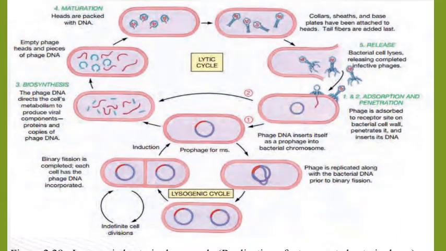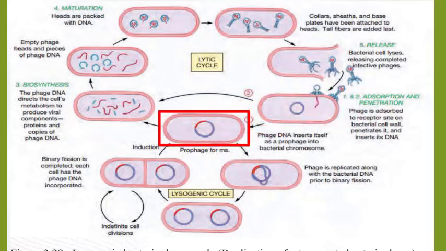As we can see from the diagram, in a lysogenic cycle, the first step is attachment or adsorption. In this case, the bacteriophage attaches to the surface of the host cell using specific receptor proteins. The second stage is entry or penetration. In this case, the viral DNA or RNA is injected into the host cell, leaving the protein coat outside the host cell.